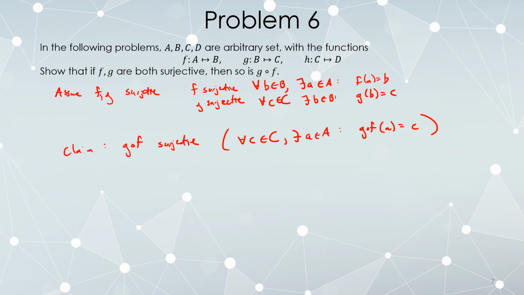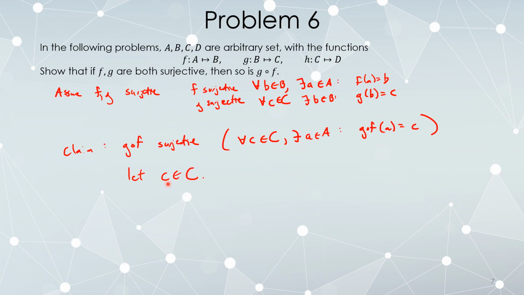But let's just work through it. It's claiming something universal about the set C. So let's just suppose we have an arbitrary element from the set C. The second part of the claim is just something existential about the set A. So I'm allowed to pick this A to be very specific. Okay.